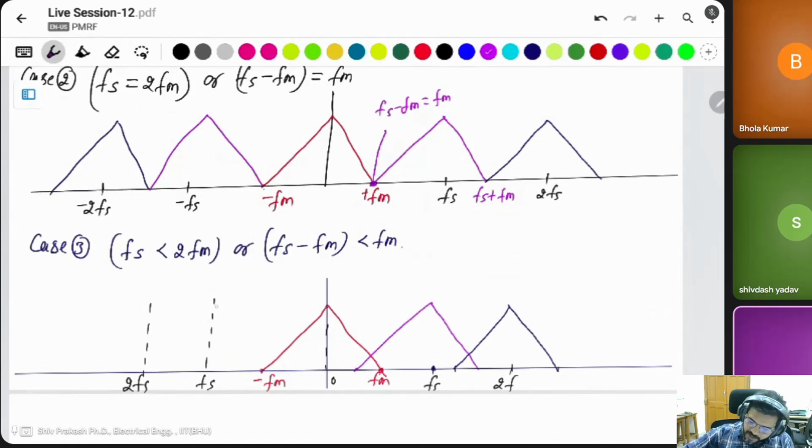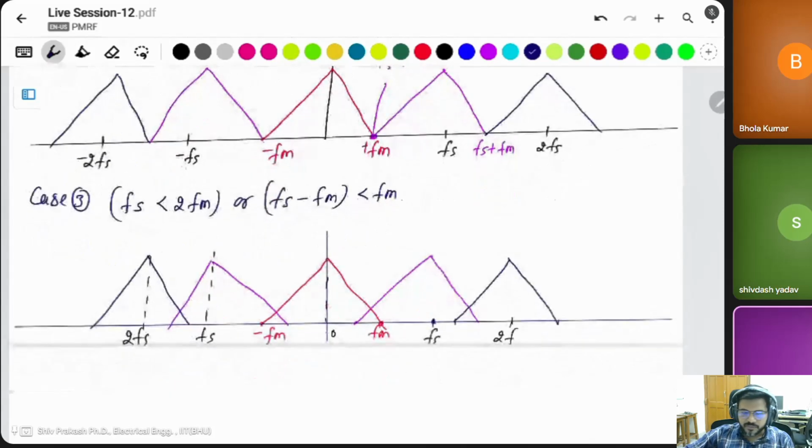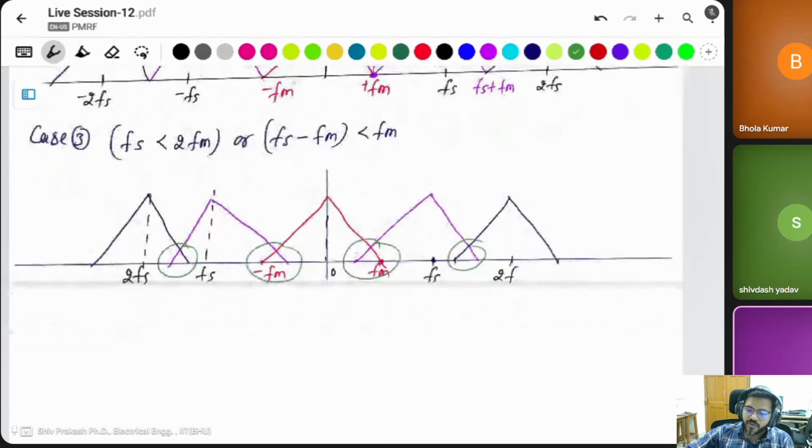Same thing on the negative side. Started from here, goes to here. This one also. It means there is some aliasing effect. Yes, there are some crossings. Some of the signal is eliminated or ignored in this case. This is not the original signal.